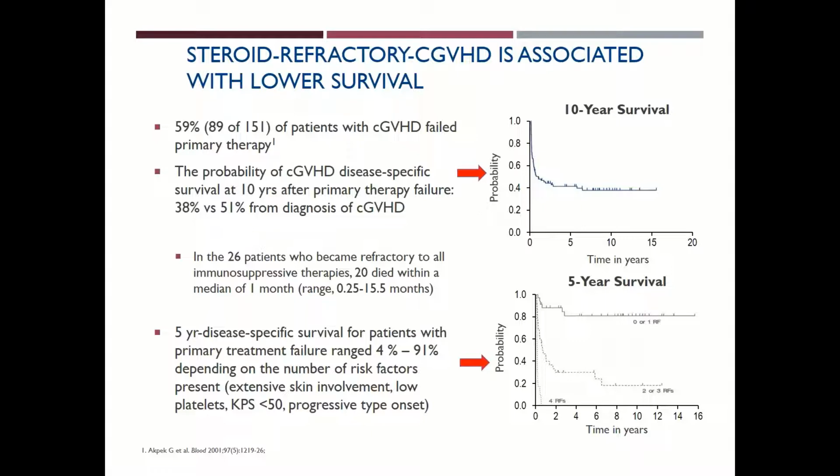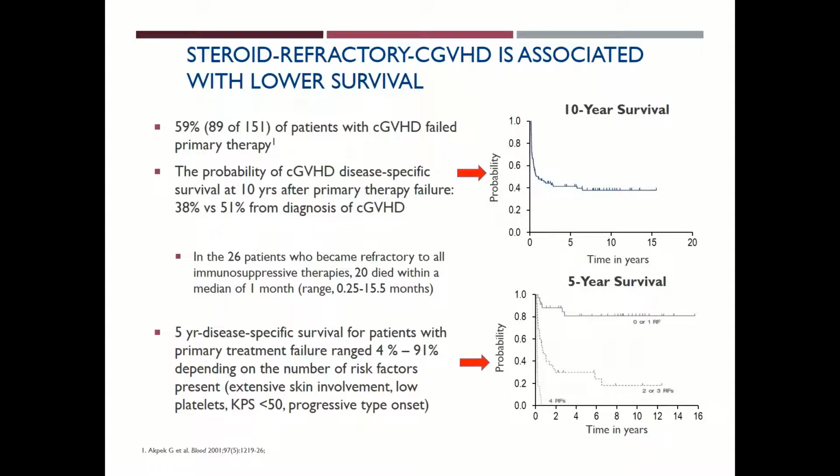They also noted that patients who became refractory to all immunosuppressive therapy had a very short life expectancy, with 20 of 26 of them dying within a median of 1 month from becoming refractory to all therapies.